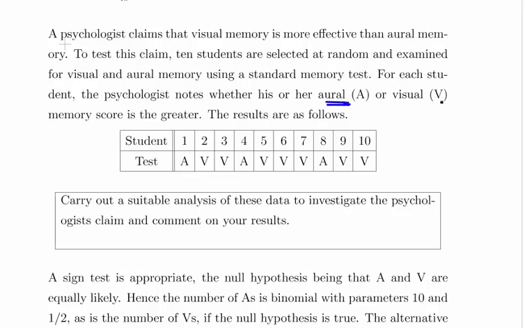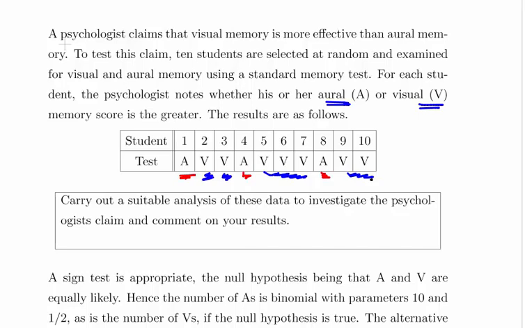So we have two states here, A and V, and each student is classified as A or V. We have 3 who are classified as A, which means that their oral score is better than their visual score, and we have 7 whose visual score was better than their oral score, so we're classifying them as V. Carry out a suitable analysis of these data to investigate the psychologist's claims and comment on your results.